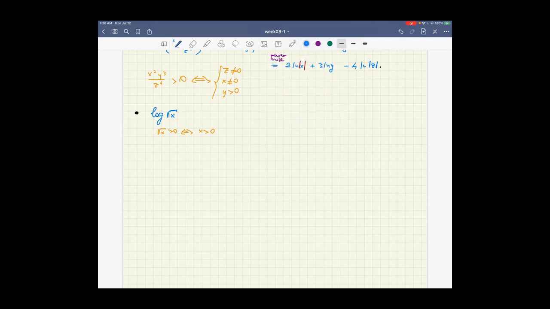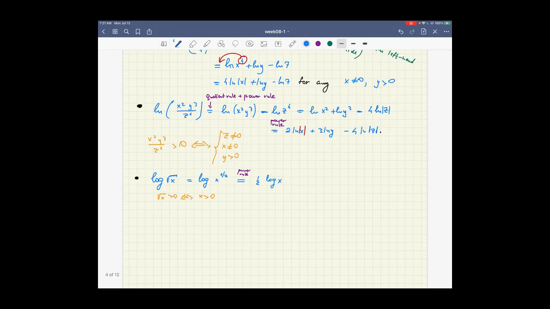And now when I write root x as x to the power 1/2, I can apply the power rule, there is no problem, and write 1/2 log x. This time there is no need to put the absolute value because x is required to be positive.